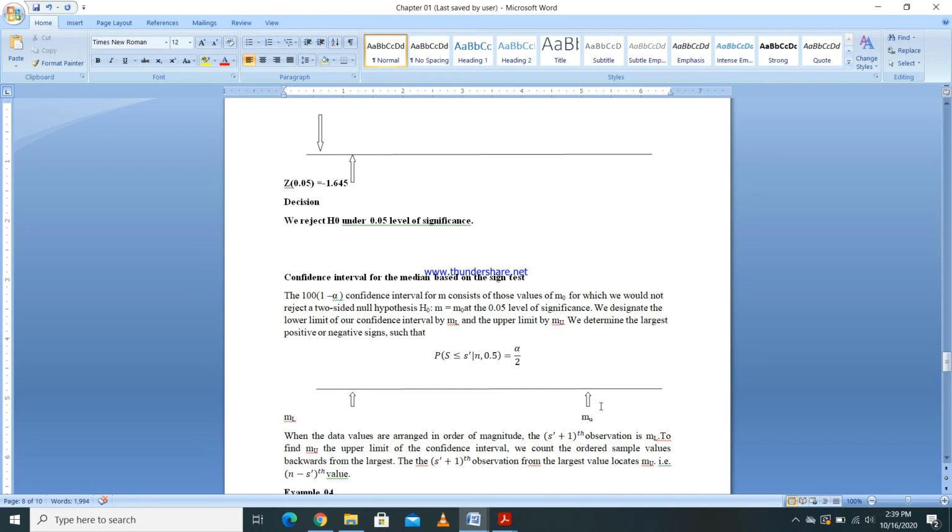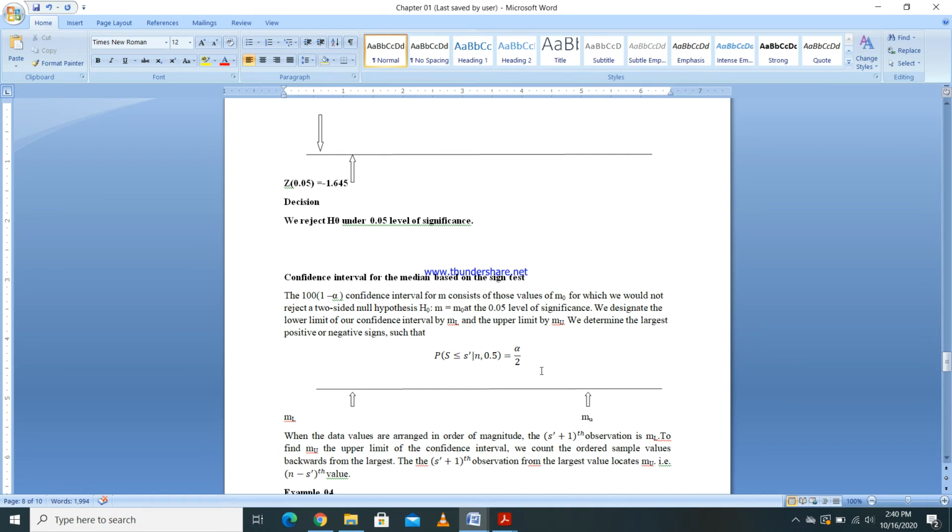And the probability of getting a value greater than the upper limit mu should again be alpha divided by 2, because this area should be equal to 0.025.